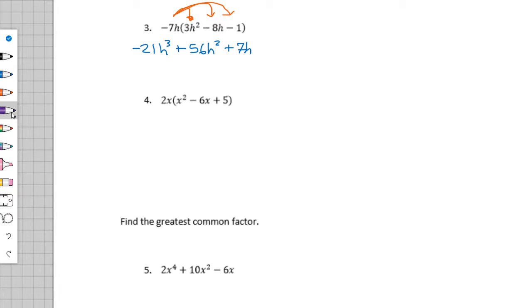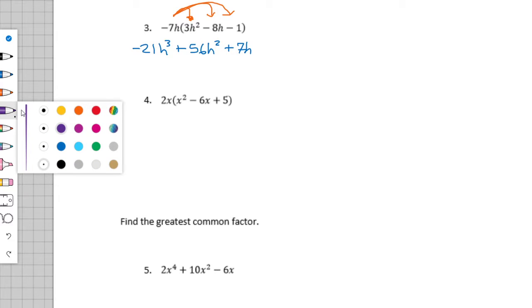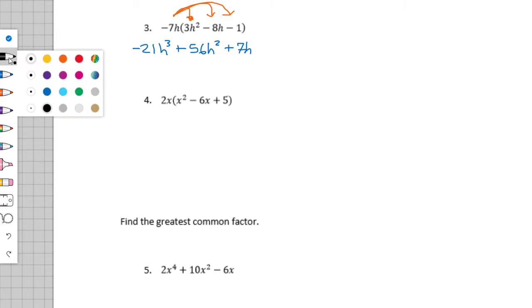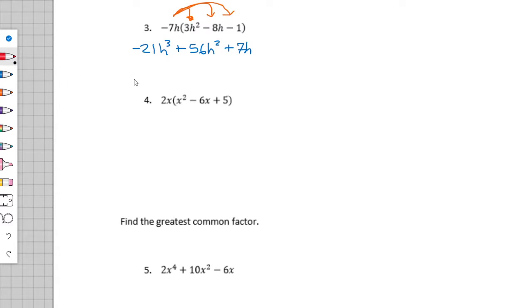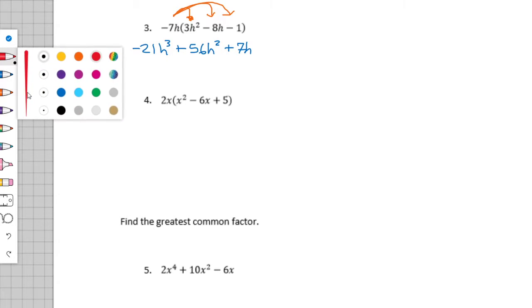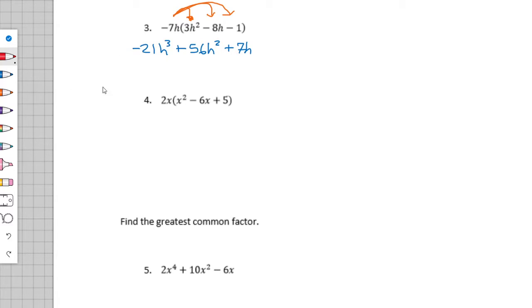And just in case I'm moving a little too quick, I'm going to use a few different colors to see if this helps. Okay, so 2x times x squared.